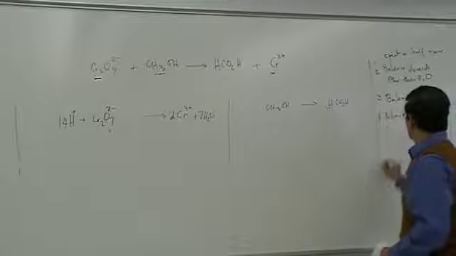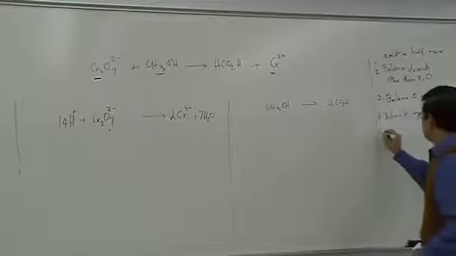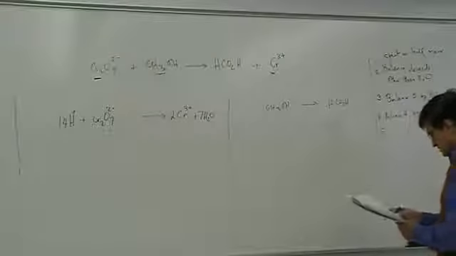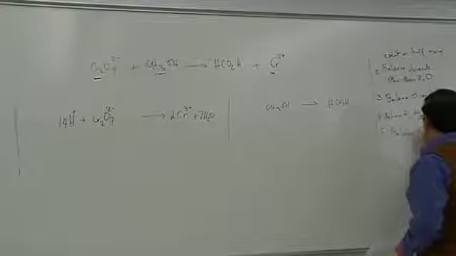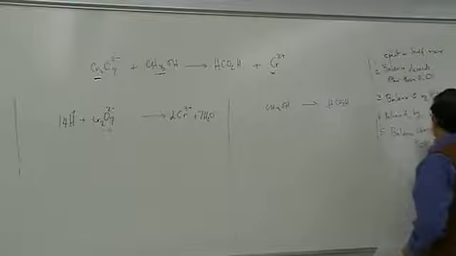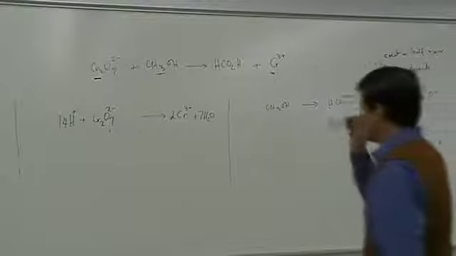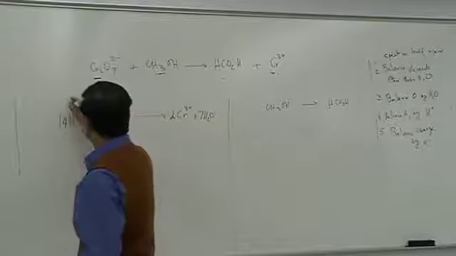So once you are done with balancing hydrogen, step 5, you need to account for charges. Balance charge by adding electrons. Each electron will be -1. So let's account for what charges we have. 14 H+, that's plus 14.